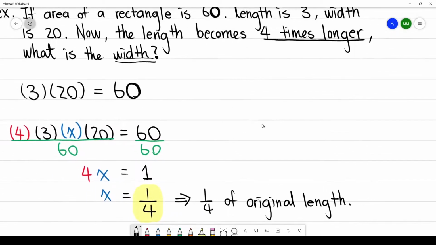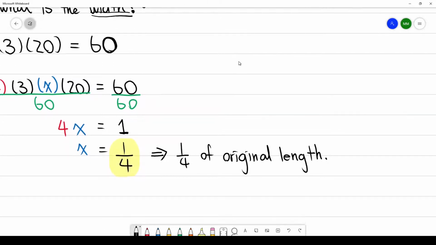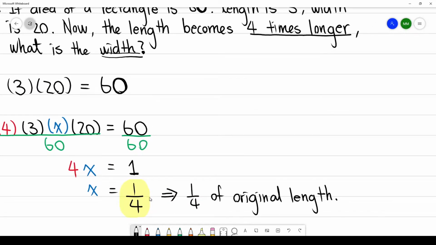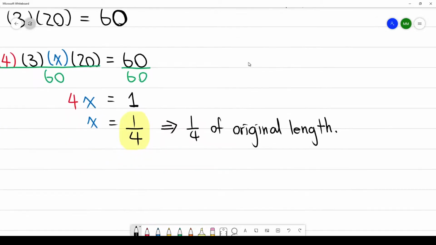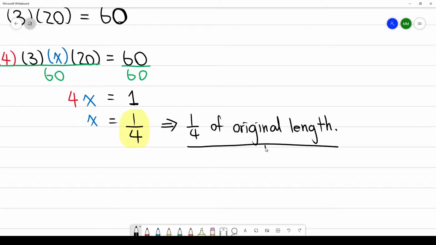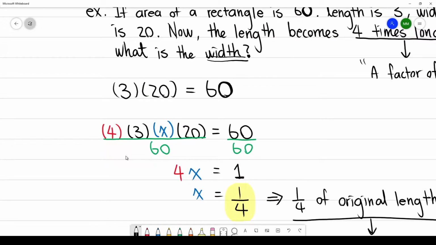Another way that we can put this is that we call it a factor of 4. Maybe you guys have heard this. And then this is called a factor of 1/4. I don't know if that will help you understand it better.